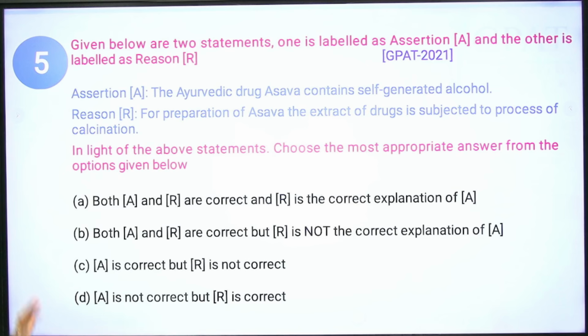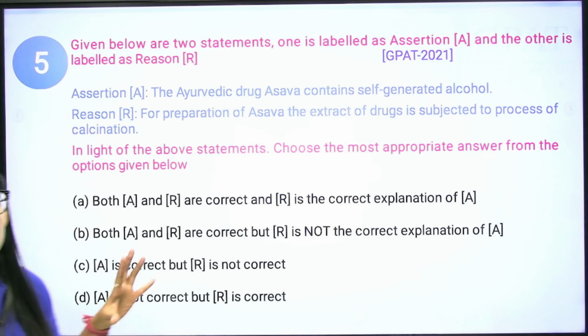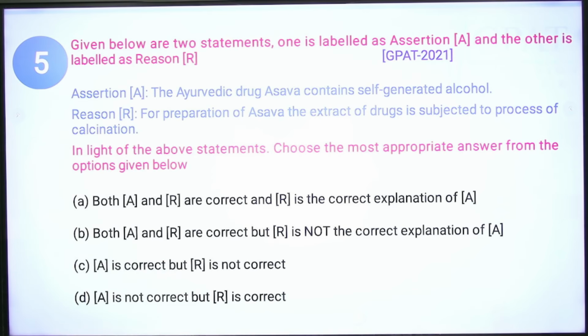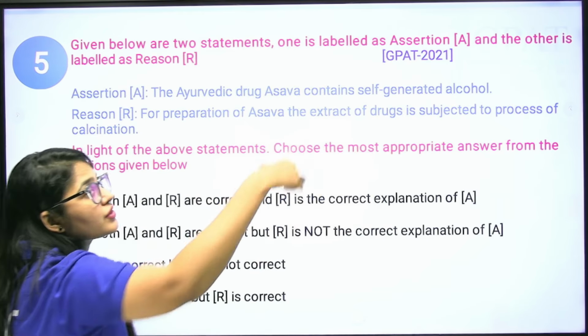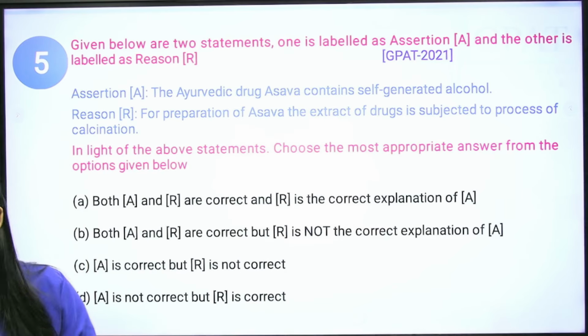Given below are two statements. One is labeled as assertion and other is labeled as reason. This is the previous year question from GPAT 2021. So, assertion says the Ayurvedic drug Asavas contains self-generated alcohol. Yes, this particular statement is true. This is correct. Why it is correct?